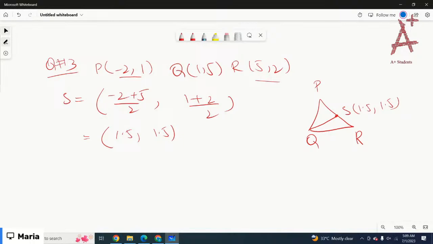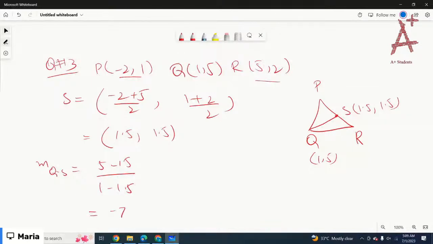So to prove it is a perpendicular bisector, the slopes must be negative reciprocals. Let's just calculate the slope of the line QS. Q has the coordinates 1, 5. Just calculate the slope. It would be 5 minus 1.5 divided by 1 minus 1.5.